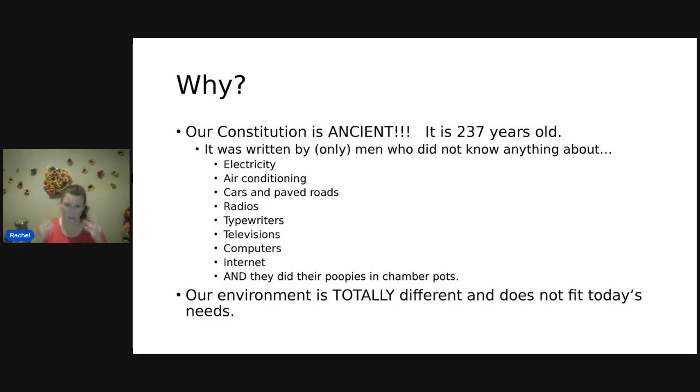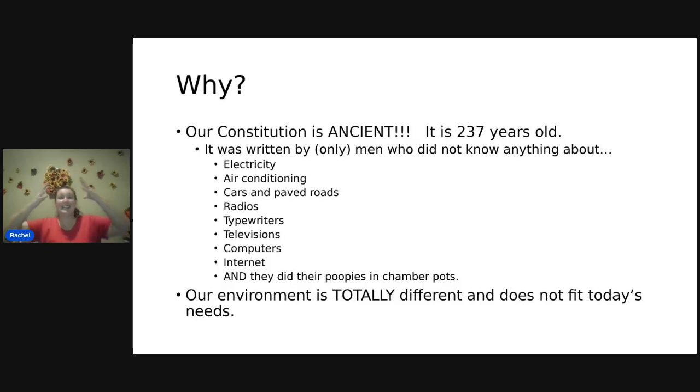So if that gender thing is really super important to you, which it should be in this case, and of course, they were only white men, many of them slaveholders, landowners, rich, and they didn't know anything about electricity, air conditioning, cars and paved roads, radios, typewriters, television, computers, internet, toilets, sinks, fans. And they did their poopies in chamber pots. And we're following their rules.